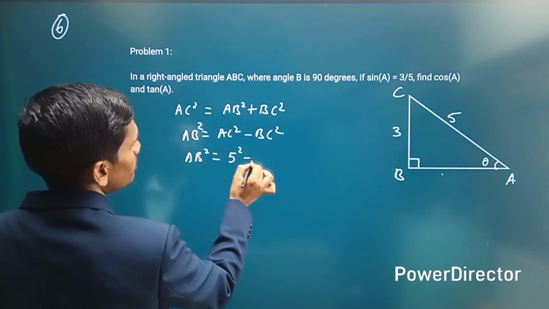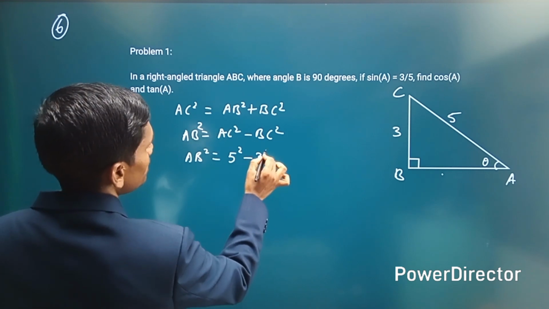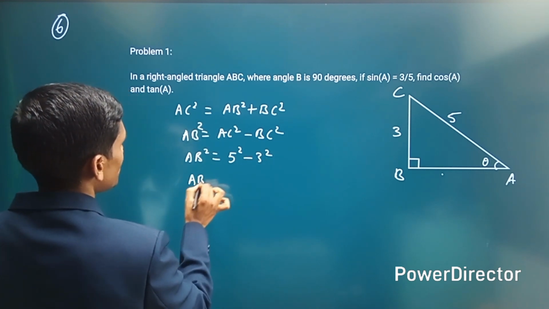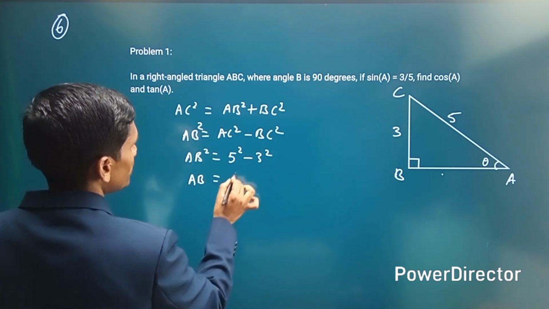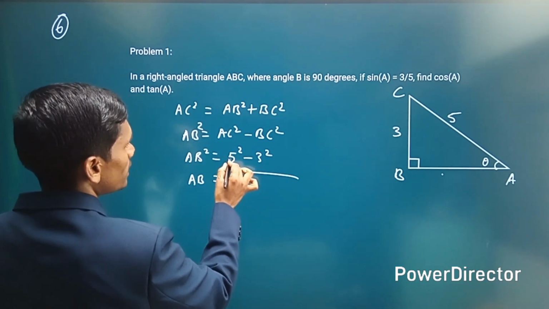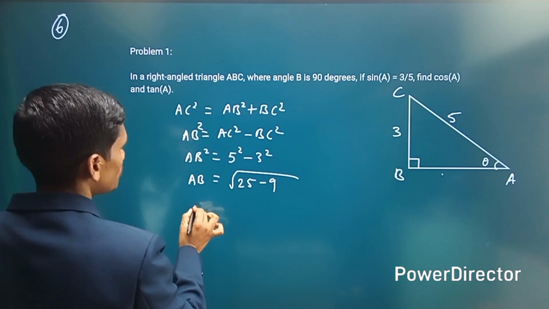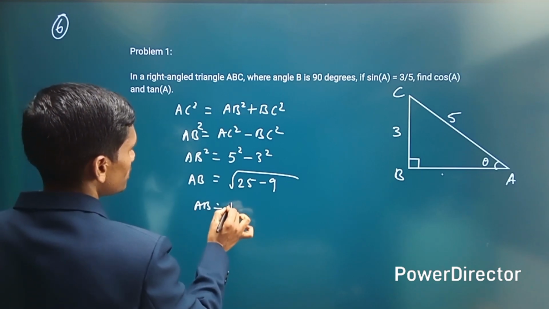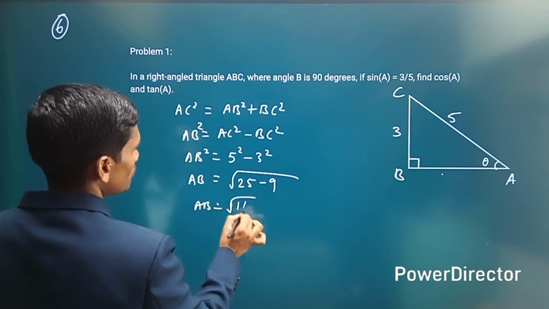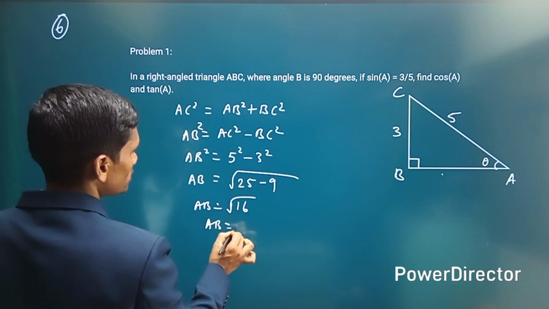It is 5 square minus 3 square. So AB is equal to square root of 25 minus 9. So AB is equal to root 16.